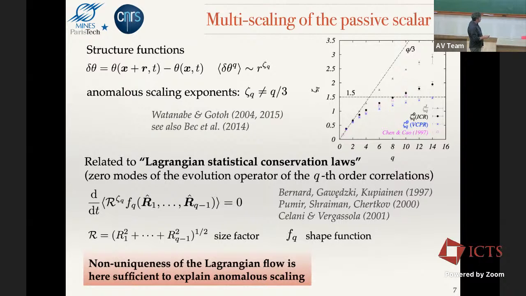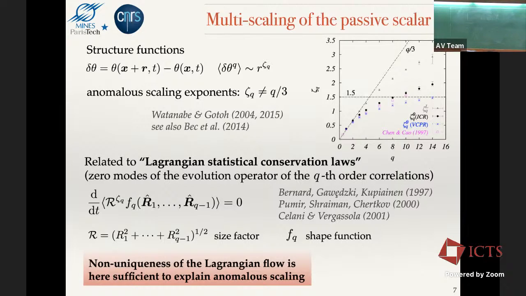So the size is typically how big is your set of points and the shape it has. Okay. And this, yes. R is, yeah, so R is, because you're assuming isotropy, so what I called R_i is x_i minus x_1, for instance. So it's distances because you're assuming homogeneity.